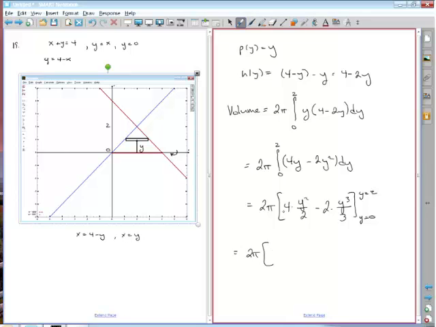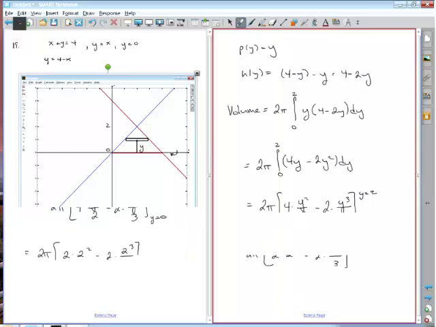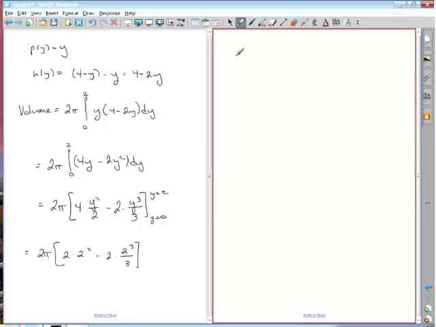So plugging in, well, let's first replace this. 4 divided by 2 is 2. The lower limit, everything's going to go to 0, so we just evaluate at the upper limit. So it's just going to be 2 times 2 squared minus 2 times 2 cubed over 3. So finally, maybe not finally, we might have one more step.